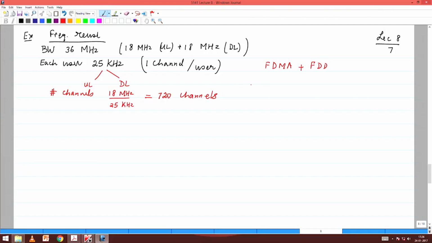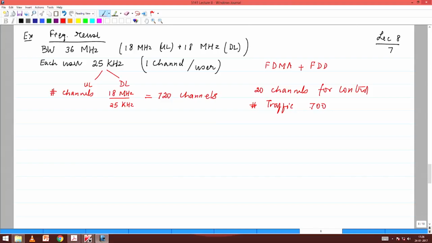This is not for traffic. So, let us assume that in this entire region, 20 channels will be dedicated for control information. So, what is available for traffic would be 700. Traffic is 700.